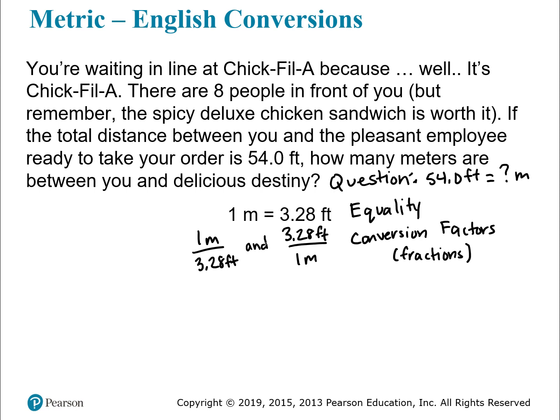Okay, y'all working on the answer, see? I would say we could do it all together. But if you have an answer, you can go ahead and put it in the chat. So we got to set up that equation, starting with our 54 feet.